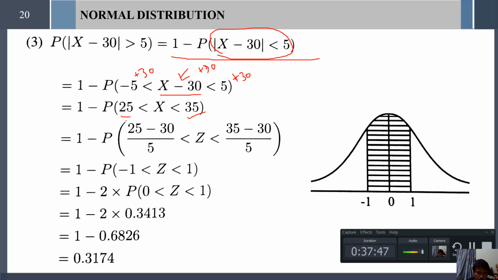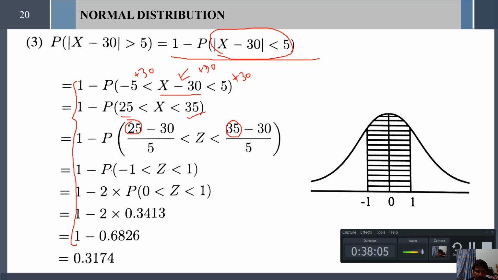Now you substitute 25 in place of x in the standard normal variate, and 35 in place of x in the standard normal variate. Therefore, as usual, we keep this 1 minus until the completion of the problem.